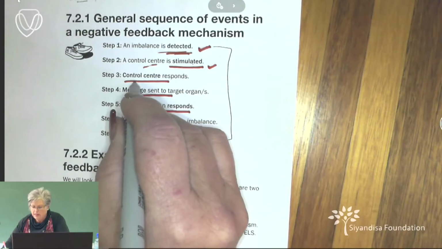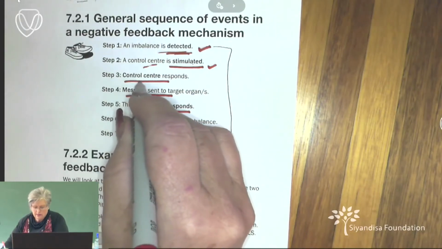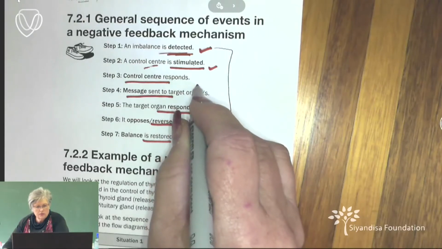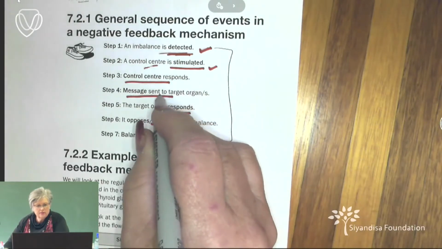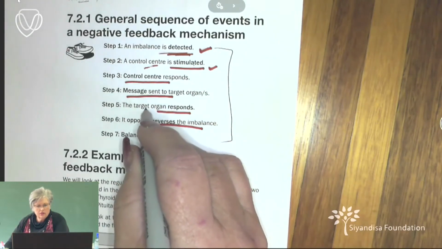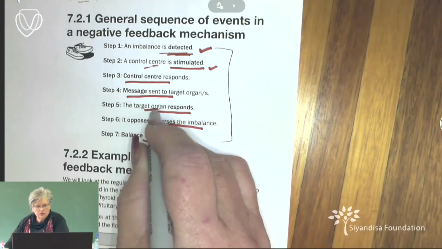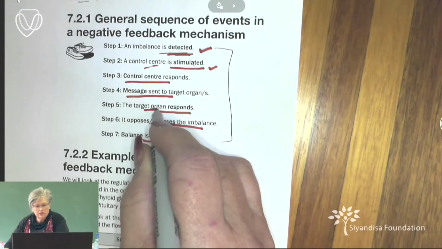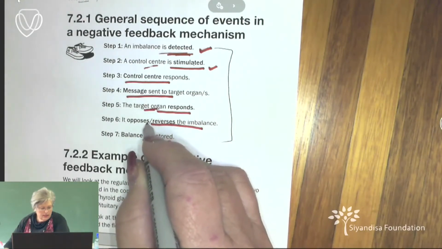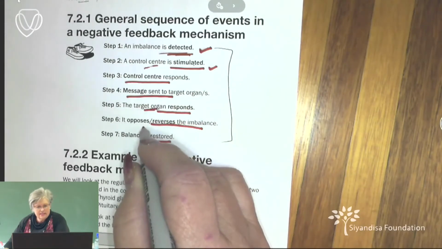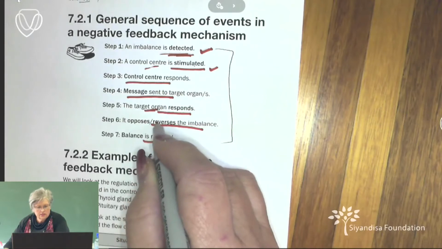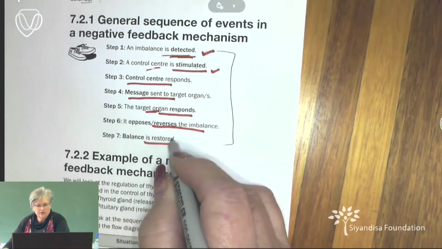It will give off TSH, thyroid stimulating hormone, which is sent via the blood to the thyroid gland. The target organ is the thyroid gland. What will it do? It will respond. How will it respond? It will secrete lesser thyroxine, and the balance is restored.